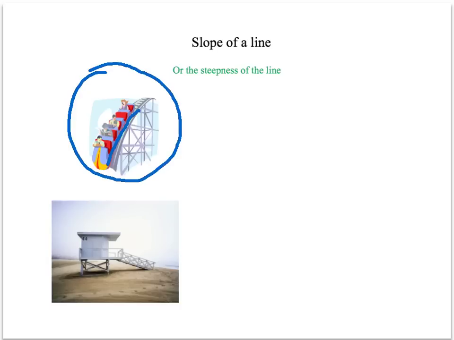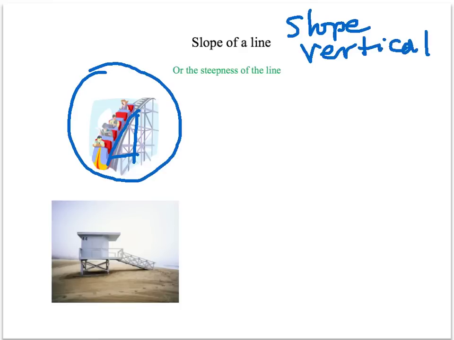Well, to figure out the steepness of the line, or the slope of the line, we want to know the vertical change over the horizontal change. So the slope is the vertical change divided by the horizontal change.